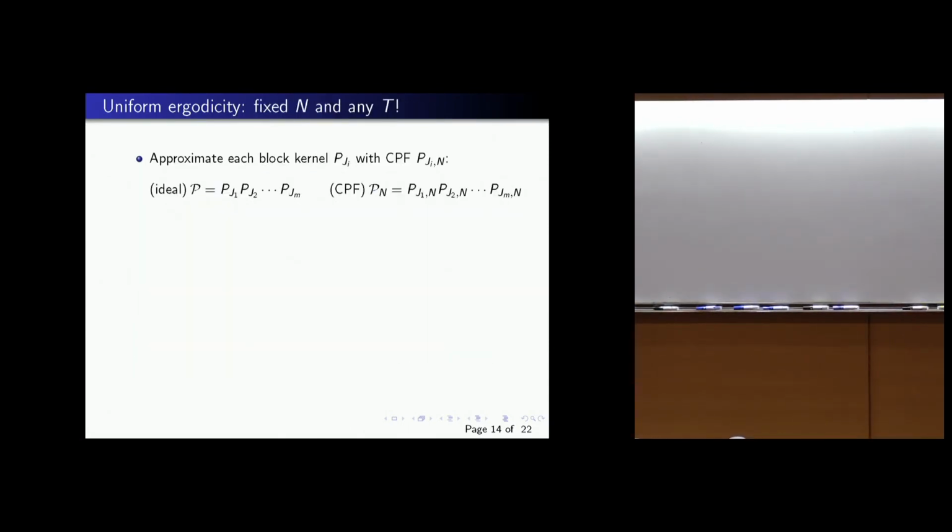Okay, and so the idea now is very simple. This is your ideal block Gibbs sampler. Now, when you try to update each block, you use the conditional particle filter.